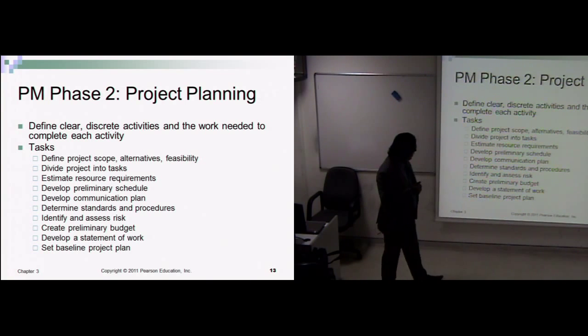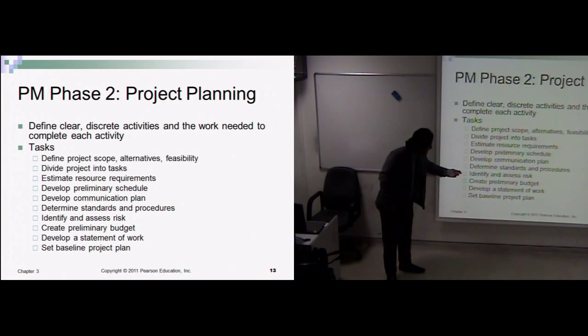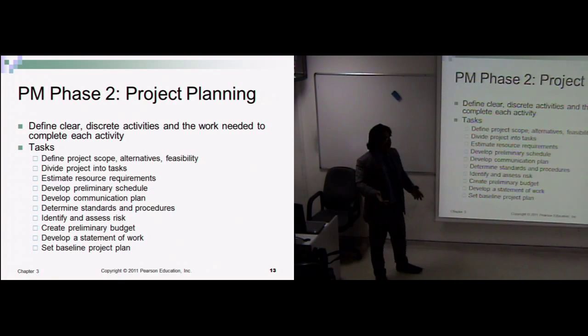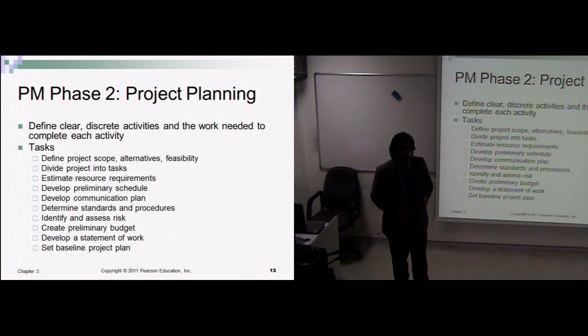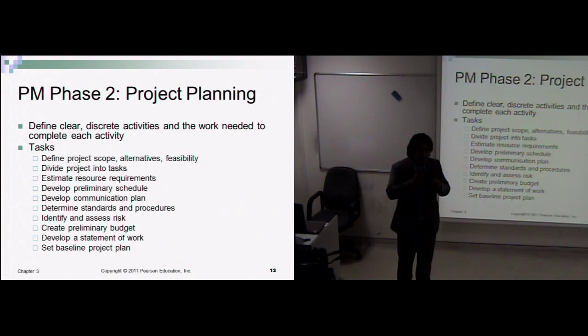For example, identify and assess risk is one of the activities involved in project planning. This means it is the responsibility of the project manager. We don't want to hear from the project manager, oh, I forgot to identify the risks involved.